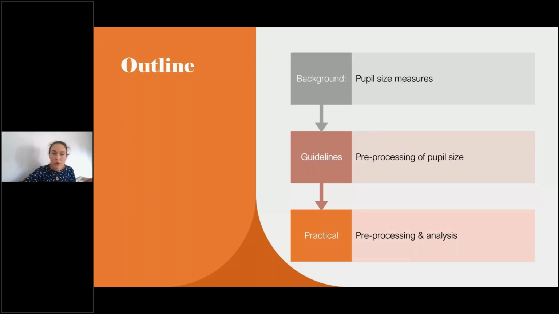The pupil is controlled by two different muscles, the sphincter and the dilator muscle, and together they regulate the contraction or the dilation of the pupil. I have a little video that demonstrates that. You can see the pupil dilator, the radial muscle around it, and then also the sphincter, the circular one.